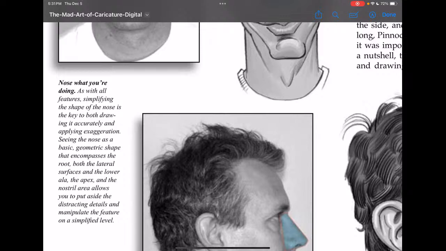As with all features, simplifying the shape of the nose is the key to both drawing it accurately and applying exaggeration. Seeing the nose as a basic geometric shape that encompasses the root, both the lateral surfaces and the lower ala, the apex, lets you ignore the distracting details and manipulate the feature on a simplified level.